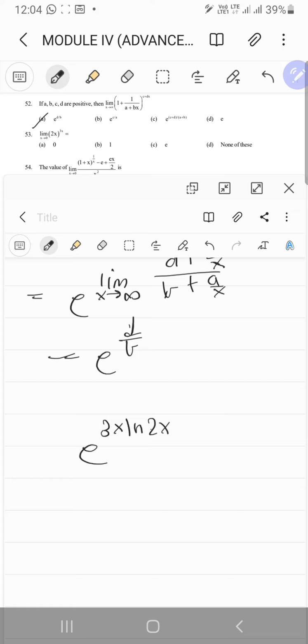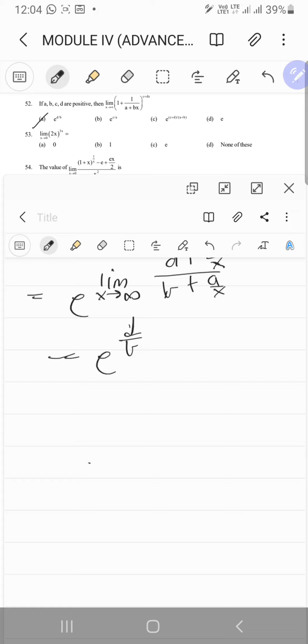As x approaches 0, this thing approaches 0. But then this thing is approaching negative infinity, which is not good. This is an endless loop. This is a very weird question. What can we do?